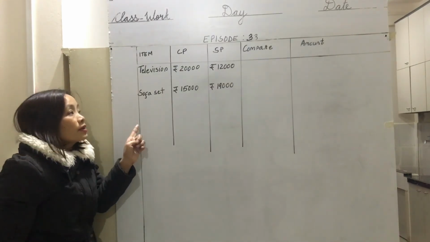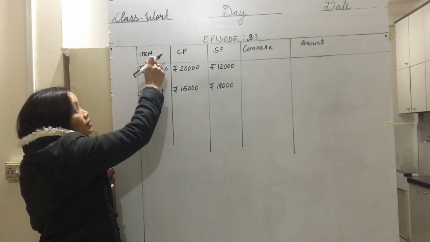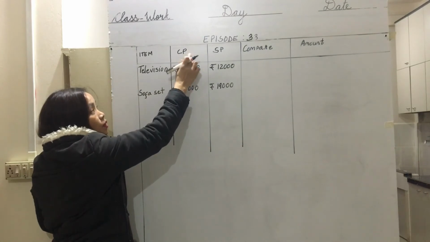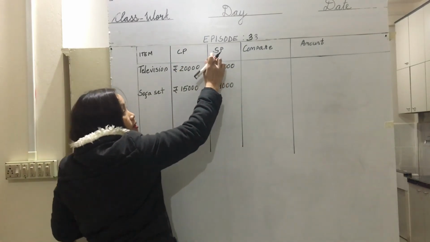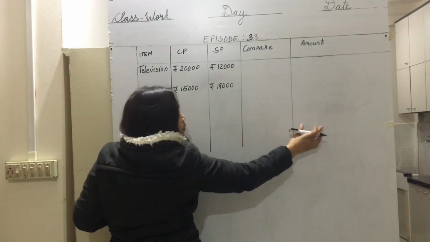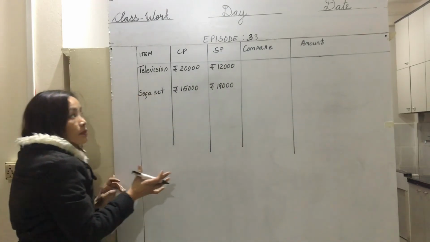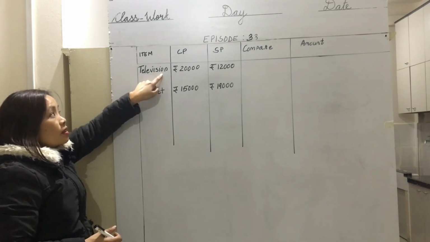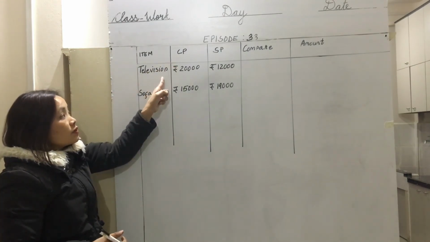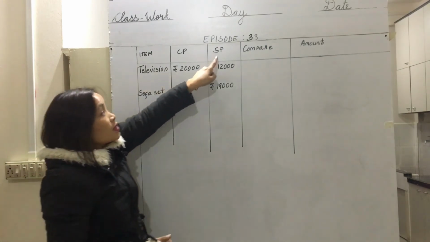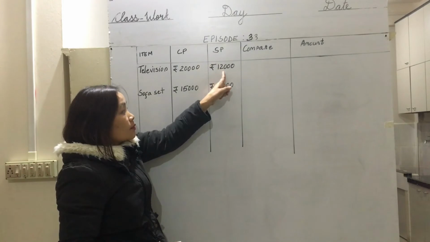Now look at this chart. Here, this is the item column, this is the CP, the cost price column, and this is the selling price SP column, and we will compare and write the amount. I will give an example here. The CP for the television is 20,000 rupees and the selling price is 12,000.